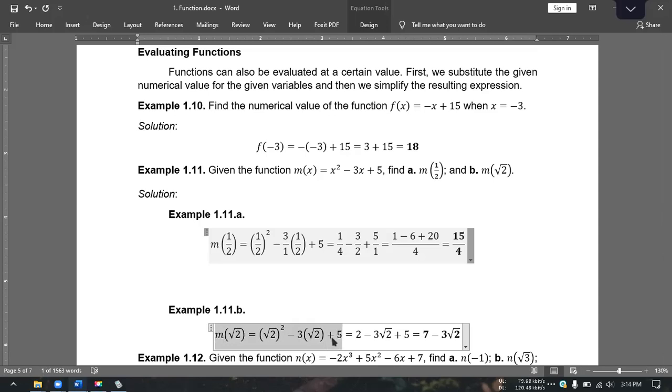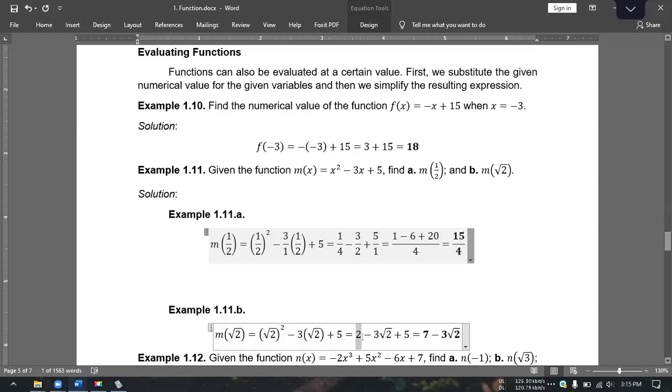And next, yung sinabi ko kanina, let's say we have a radical sign and raising this radical with the same index and same exponent will just cancel the radical. So matitira lang is the radicand, 2. That's why we have 2 here.